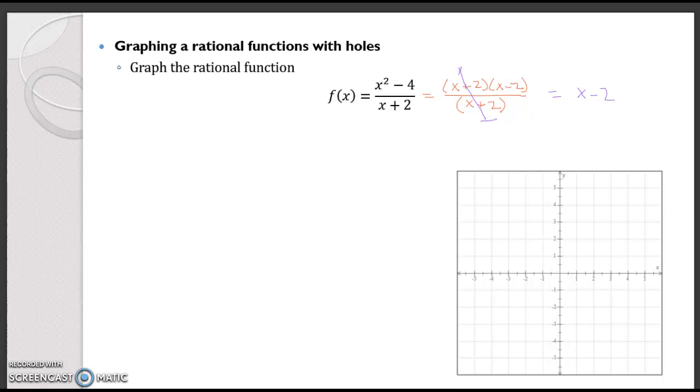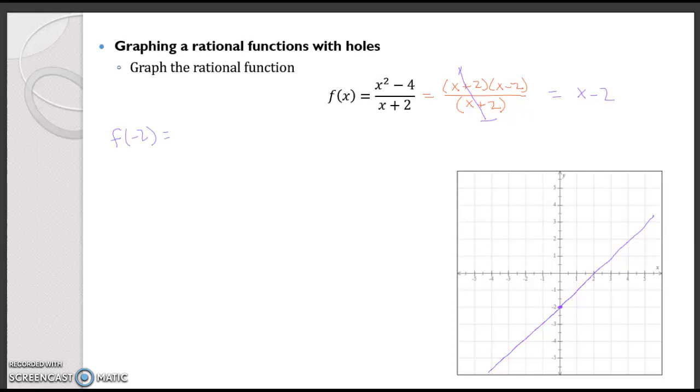But be careful, because if I were to just plot the line x minus 2, I'd have a y-intercept of negative 2, and then I would go up 1 over 1. I would have a slope of 1. But that means that I could plug in 2 and expect to get an output here.